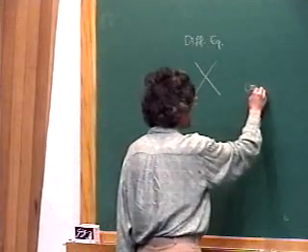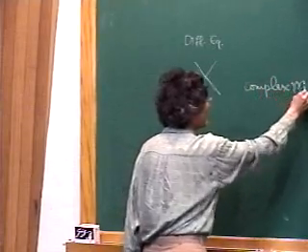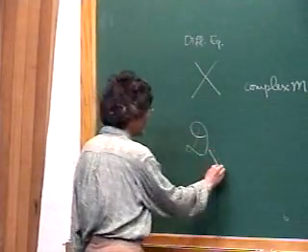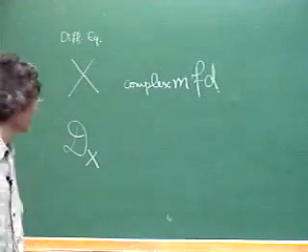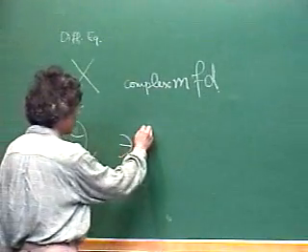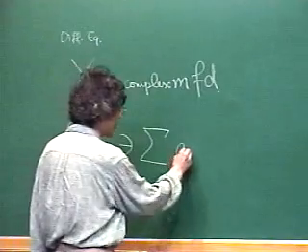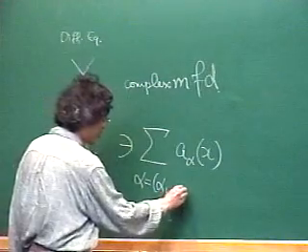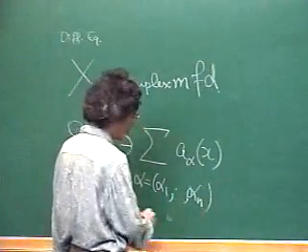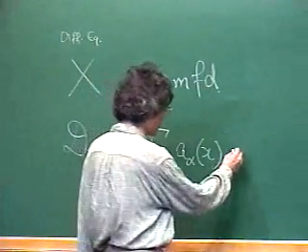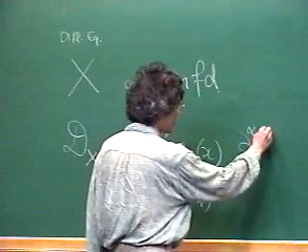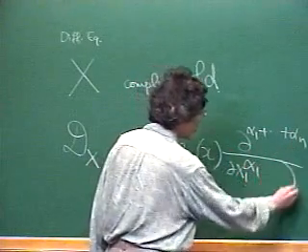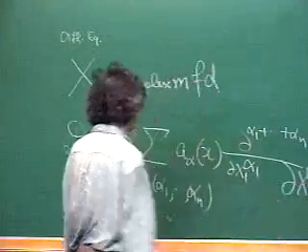So let us start with some complex manifold X. And we consider the so-called sheaf of differential operators on X. That is written with the coordinate system as a sum of a_alpha times the derivatives ∂^alpha over ∂x, where alpha is a multi-index, an n-tuple of non-negative integers, for n-dimensional X, of the derivatives ∂/∂x_1 up to ∂/∂x_n.